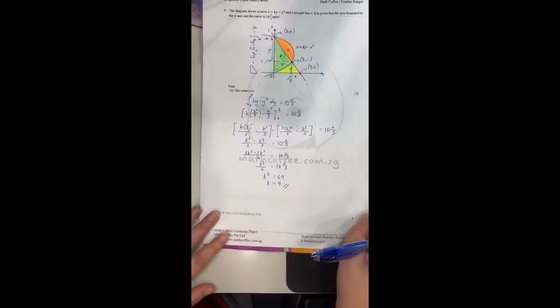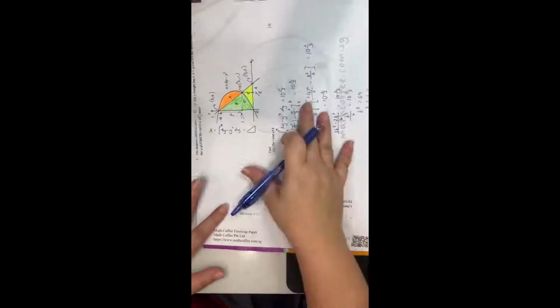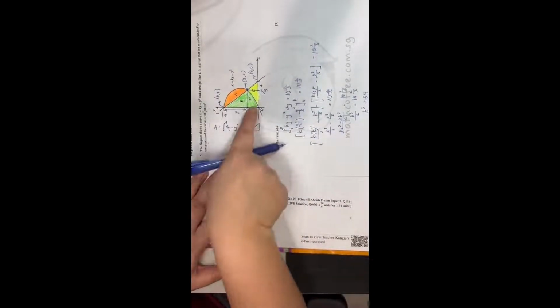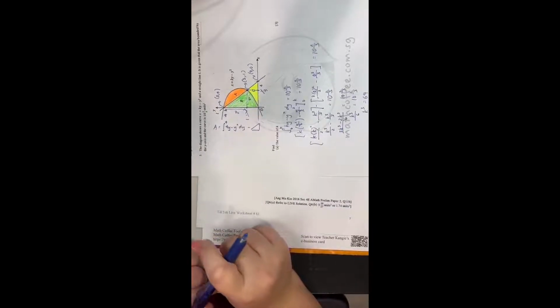I agree with him that what he suggests is to find the C, take the big triangle minus the B and you get the C as well.